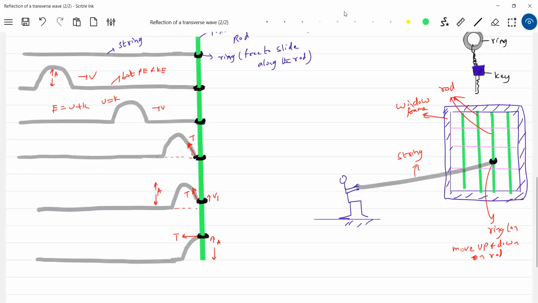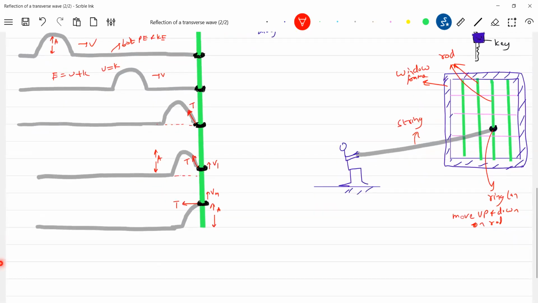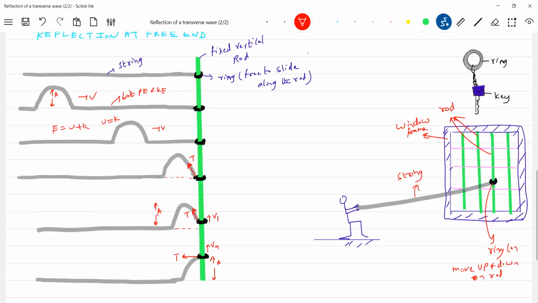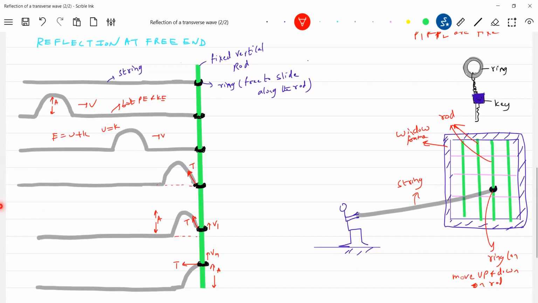What do you expect of the ring, at rest or in motion? It will have velocity, no? Some Vm I'll write, or V naught, or whatever it be. Next, after this, what will happen? What is the next sequence? Let me slide down here.